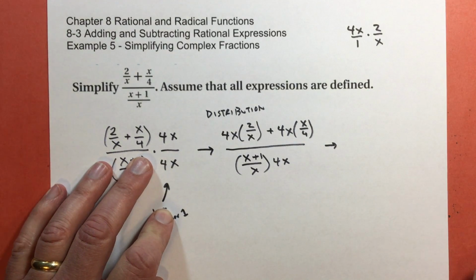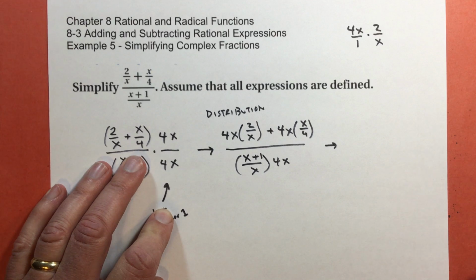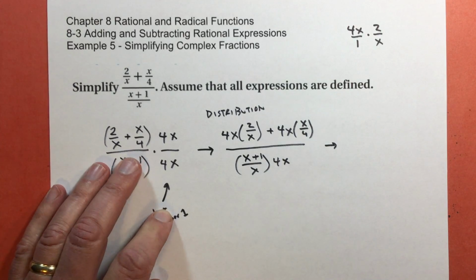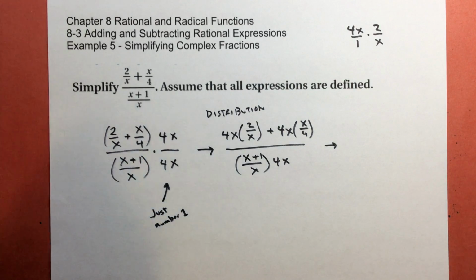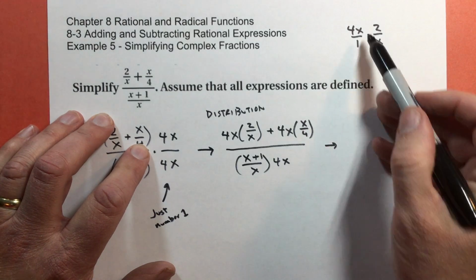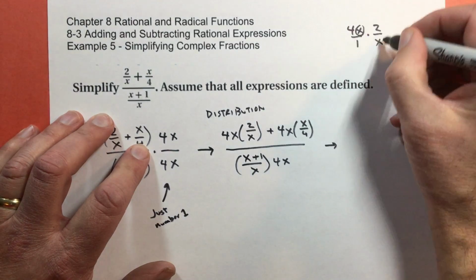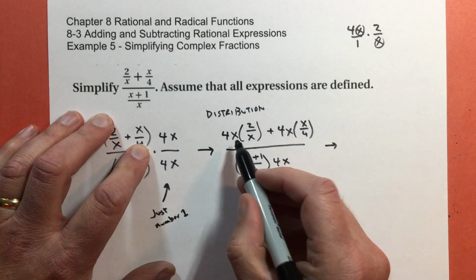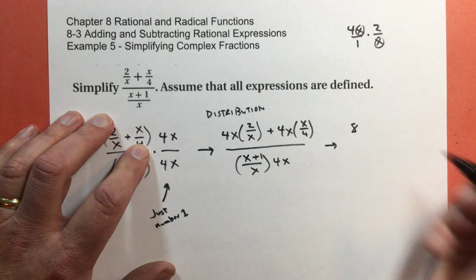I think sometimes in middle school, when you're learning how to multiply whole numbers by fractions, they specifically say just put it over 1. So maybe that reminds you. You don't need to, and that's why I didn't. If I look up here, the x divided by x is going to equal 1, and it reduces, so I just get 4 times 2, which is 8.